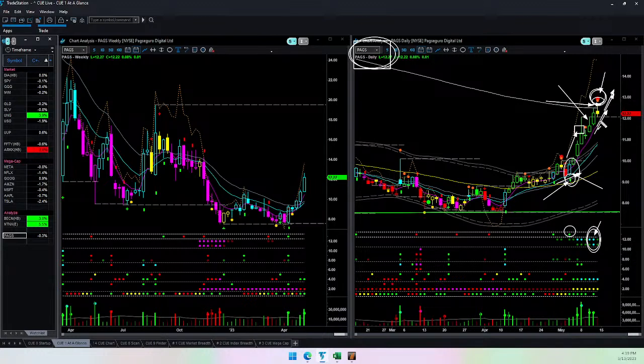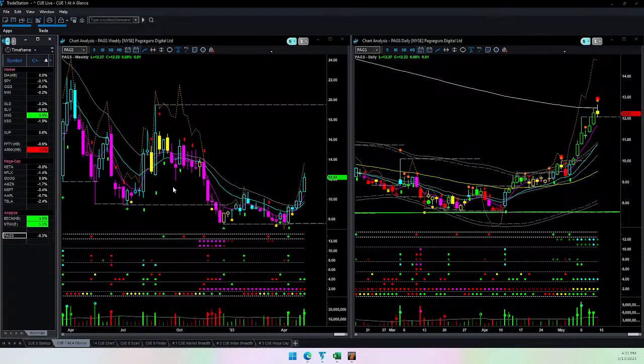Some people might continue to hold with a trailing stop, some people might exit. In this case, I exited the full position in PAGS. This stock, as you can see, did very well in spite of the weakness of the market.